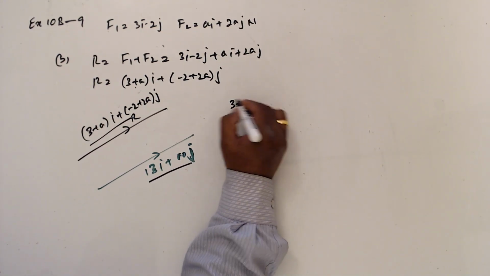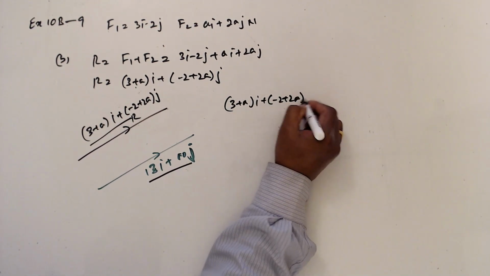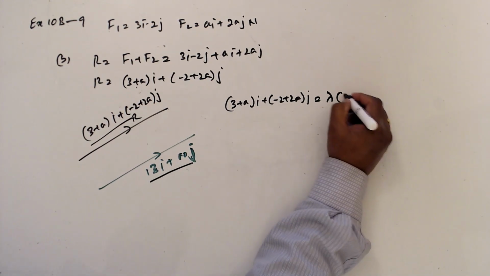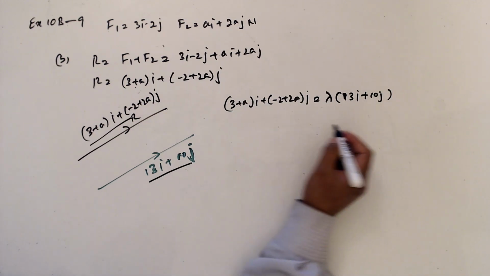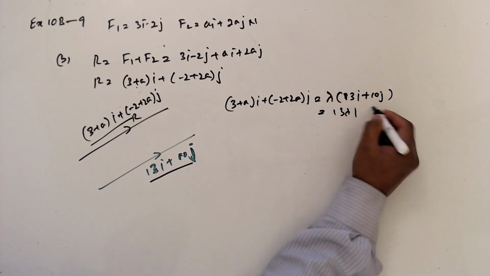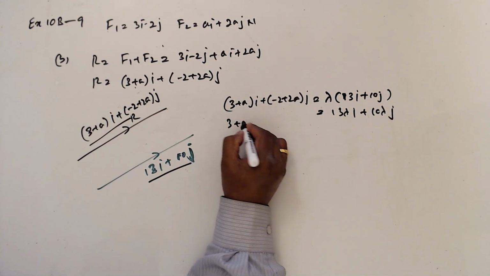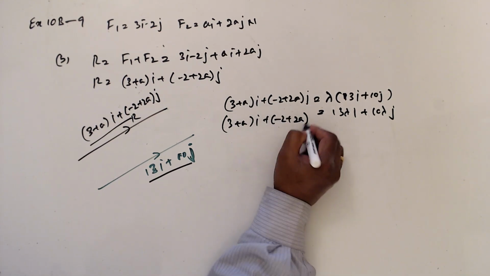So (3 plus a)i plus (minus 2 plus 2a)j is lambda times 13i plus 10j, which is 13 lambda i plus 10 lambda j.